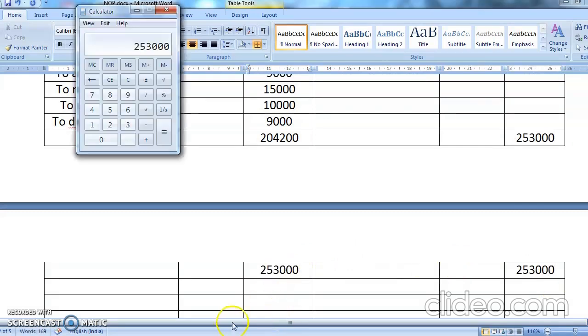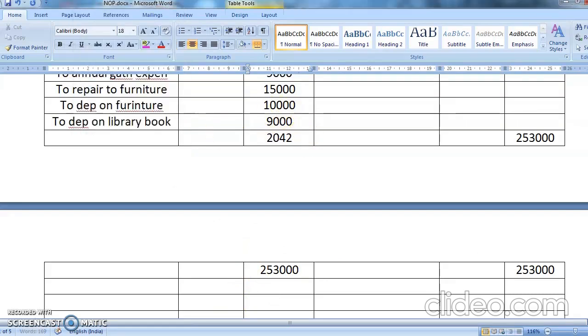Now we'll do the difference. So 2,53,000 minus 2,04,200. Okay, that comes to 48,800. As I always tell you, you have to rub this. So you are having a surplus.